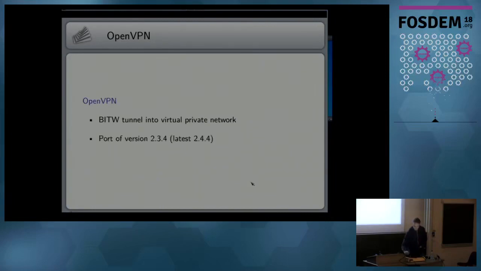We have ported version 2.3.4, and this is 2.4.4. There's some progress in work, but it's still experimental. So we don't test it that much, but I know that there are guys that work with this, and it's not abandoned in this way. But you have only the bridging mode right now, so you can only do Ethernet.